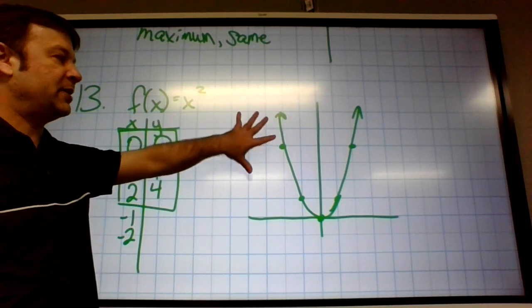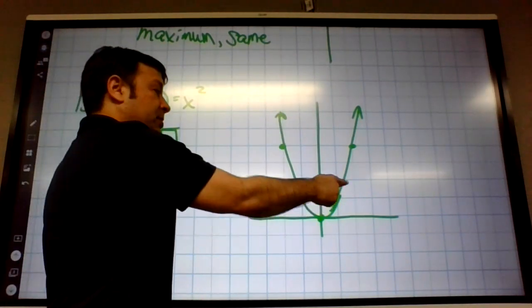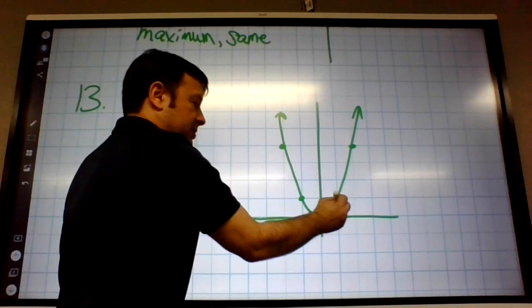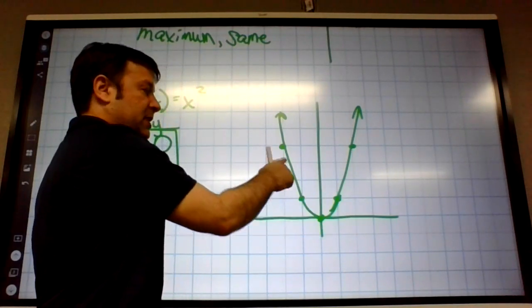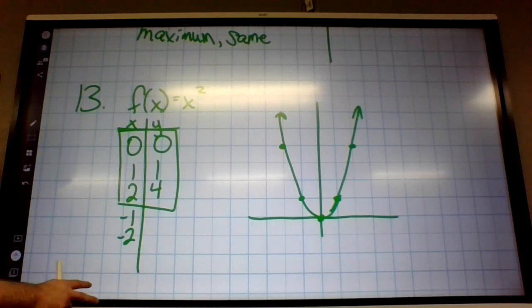Not just a graph that's kind of floating in space. I want to see all 5 of these points. So the vertex is one of them, and there's 2 on either side of the vertex. You could keep going, but the numbers get really big. Like if we plugged in 3, it'd be 9. Plugged in 4, it'd be 16.